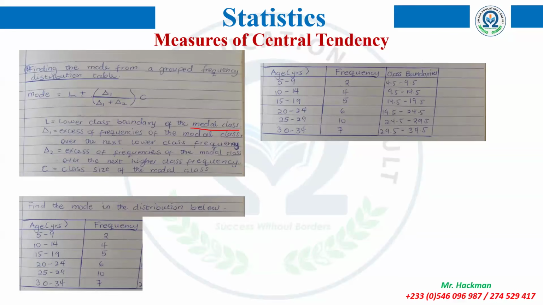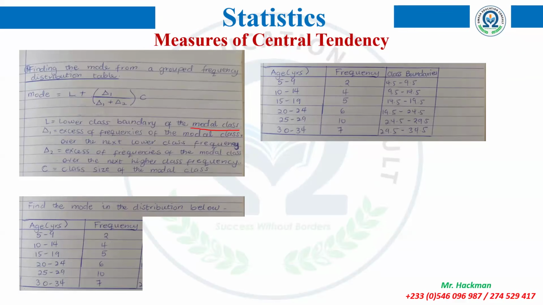The modal class basically tells you that the mode will be in that class, so the mode cannot be outside 25 and 29. That's the meaning. If you get the modal class, do your calculation and realize that your answer lies outside your modal class, then there is something wrong. Go back and check. Is my point well made?